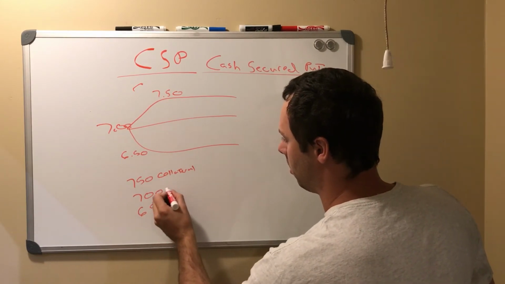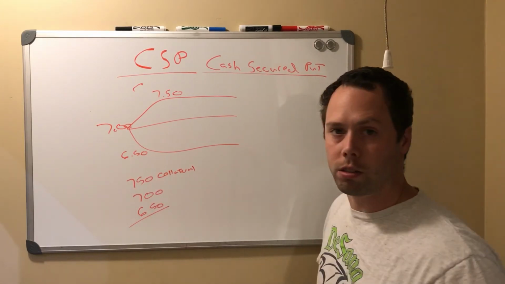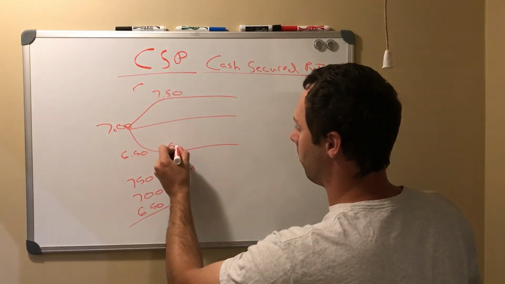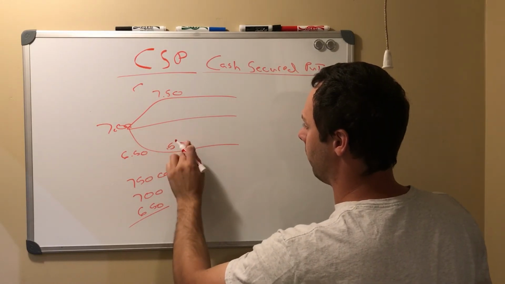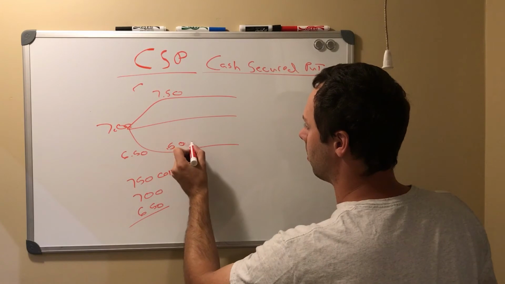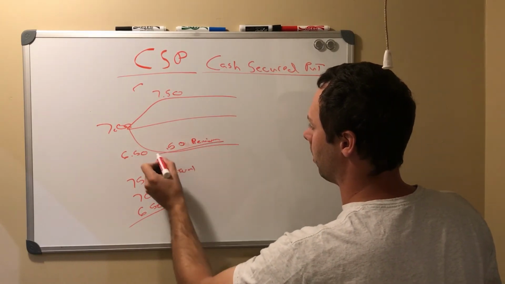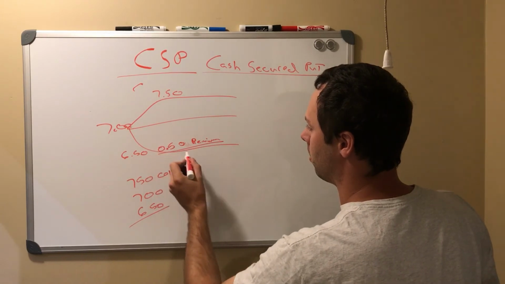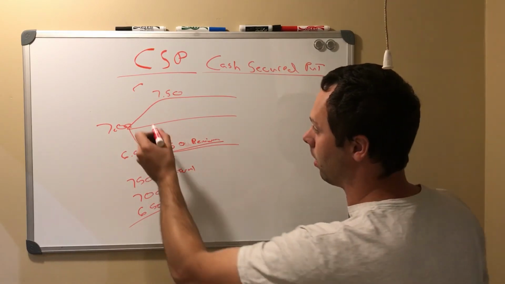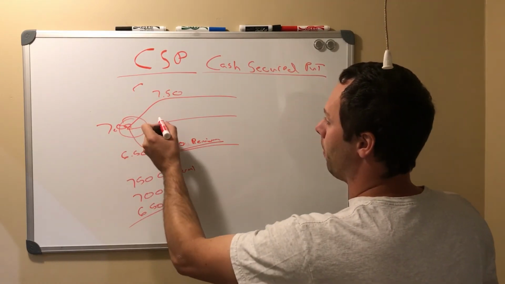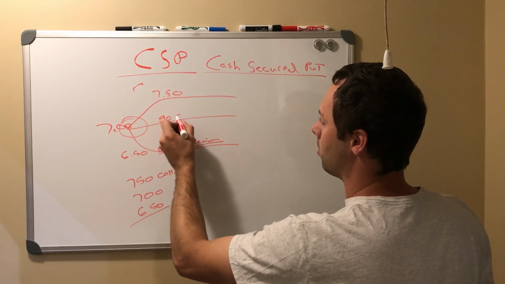So for $650 of collateral, I can get $50 premium. Maybe for $700, because the stock is in this area, I can get $90 premium.